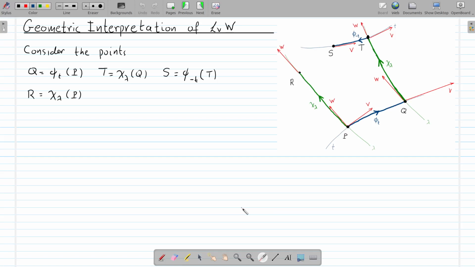Now we will consider a different walk, starting again from the point P in question, but then we move to the right to the point Q by dragging P along V. Then from Q we move to T by dragging Q along W, and then we move from T to S by dragging T in the opposite direction of V. That defines the point S. On the left, we just make one walk where we drag the point P in the direction of W to the point R.